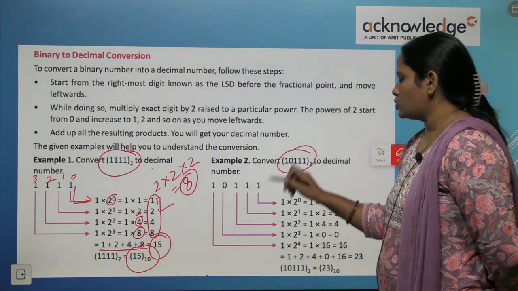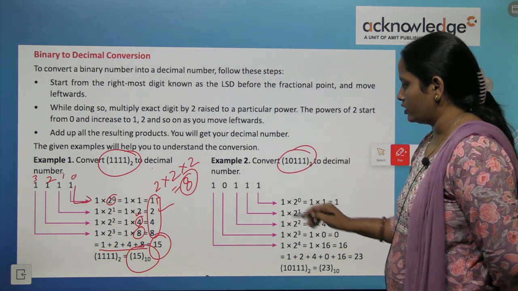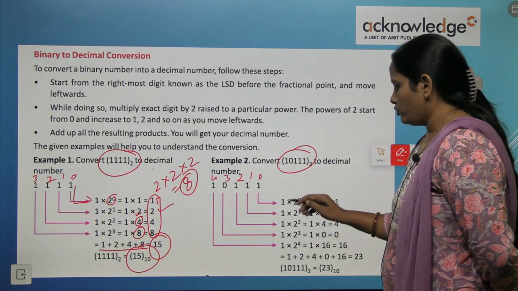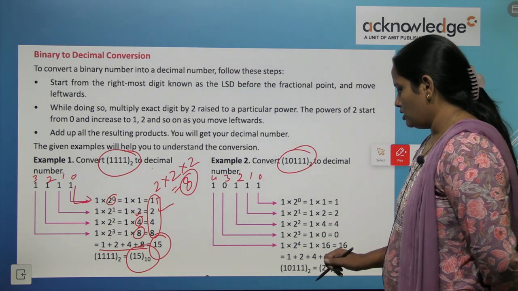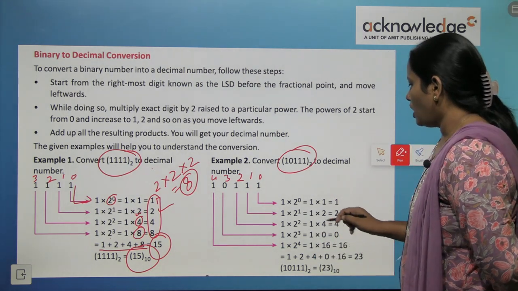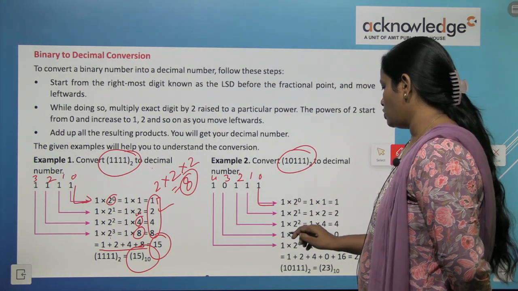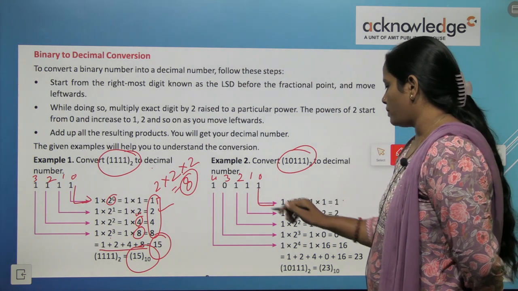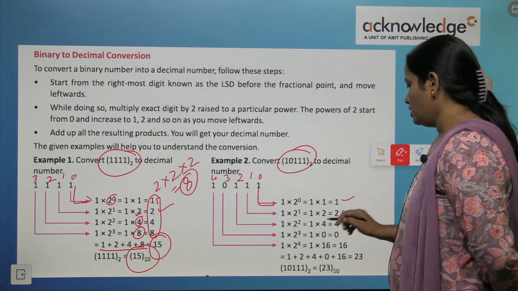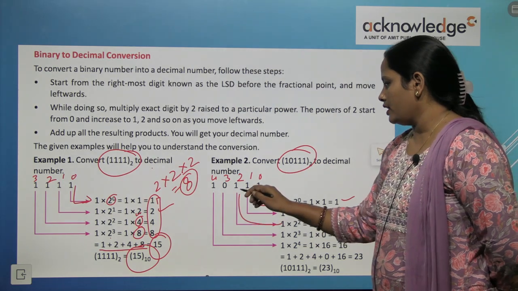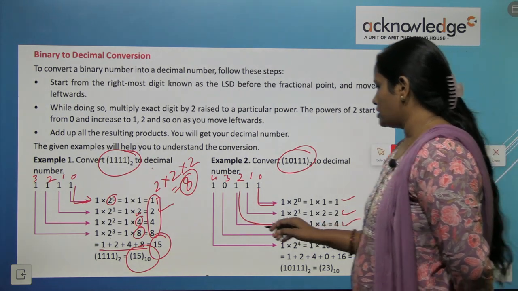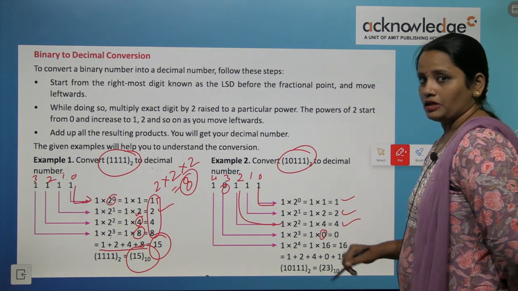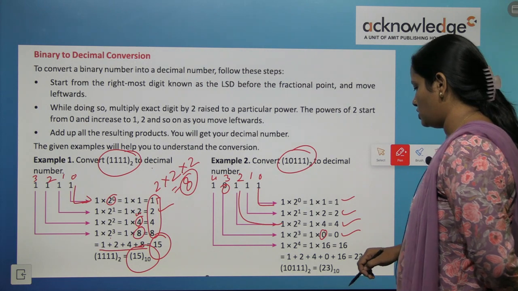Same way we have done this one. Again we have followed the same process, 0, 1, 2, 3 and 4. So we have written all the 1s here. Now this is to be written here and the answer is 1. Now 2 to the power 1, the answer is 2. Next this is multiplied and the answer is 4. Next here 0 is written, that's why here we have written 0, and when we multiply 1 by 0 it becomes 0.